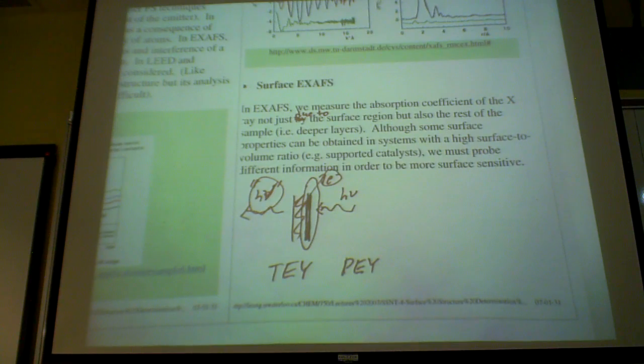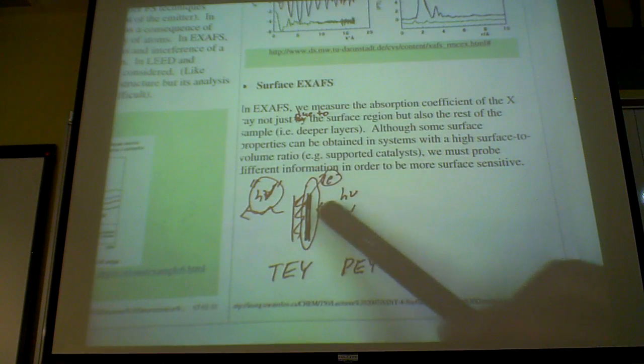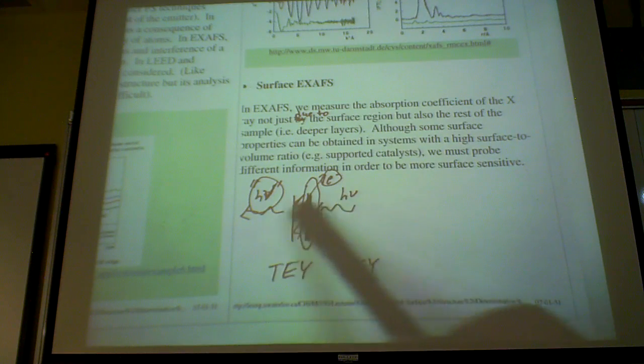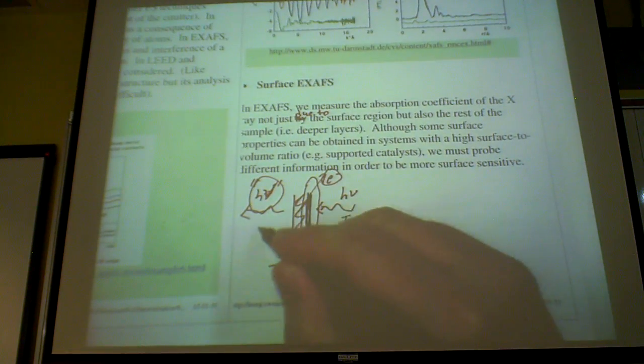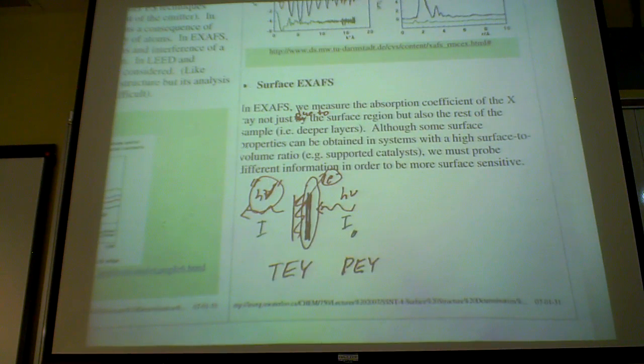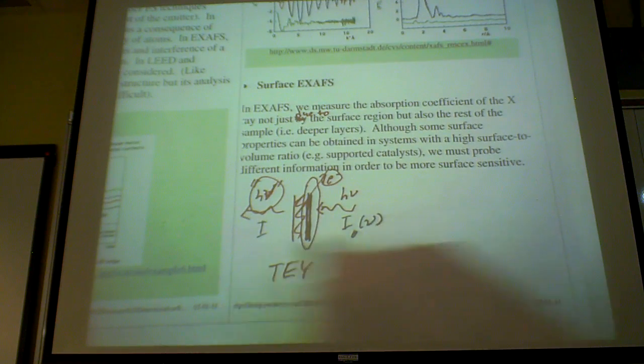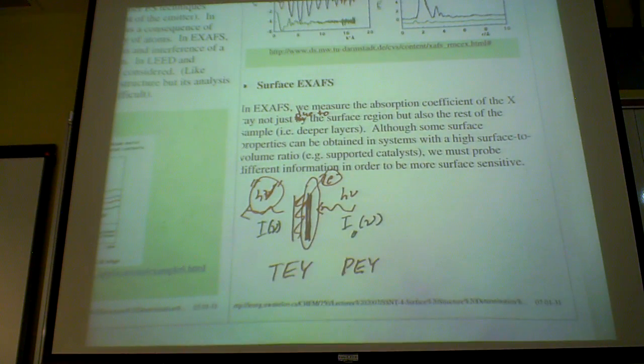Some guy discovered that all we have to do, instead of measuring photon in, photon out, so you have I naught, I, like this, as a function of mu, as a function of my photon wavelength, is that I don't need to measure the outgoing photon intensity, really.